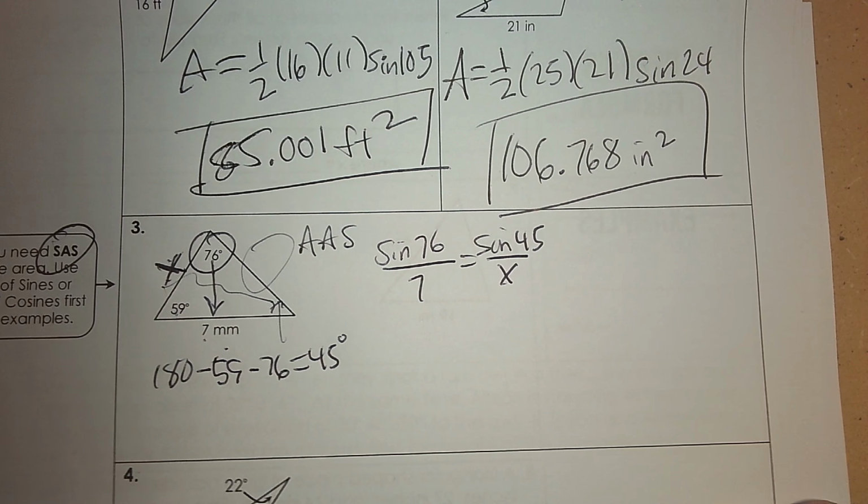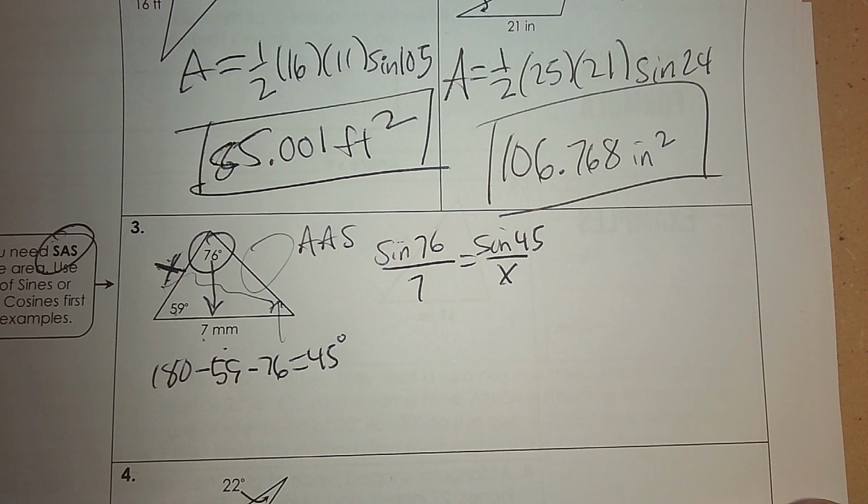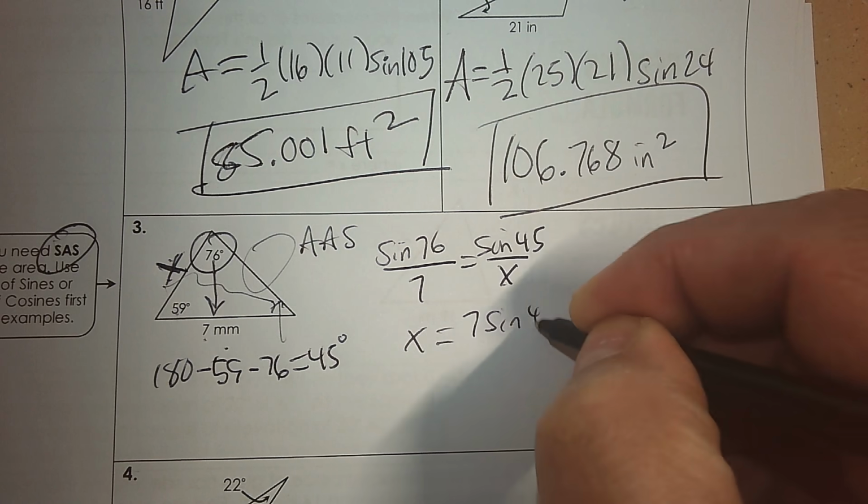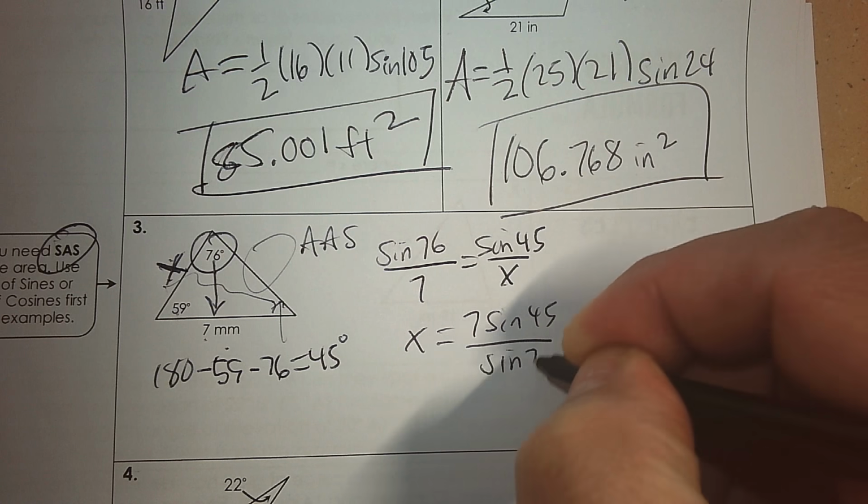So we can't use the formula to find area until we have side, angle, side. So how do I solve this? Cross multiply and divide and find that missing side.